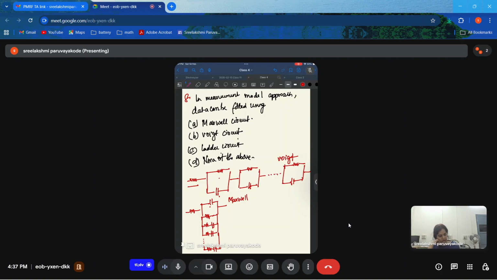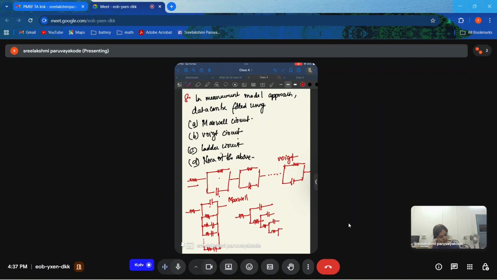Now the next one is ladder. Ladder is something that looks like a ladder, that's why it's named so. You have a resistor, you have a capacitor, you have a resistor. Now instead of having them again in series after that, we are going to have them in parallel, just like in Voigt, but in a different way. Here, again to this resistor, you will have another resistor and capacitor in parallel.